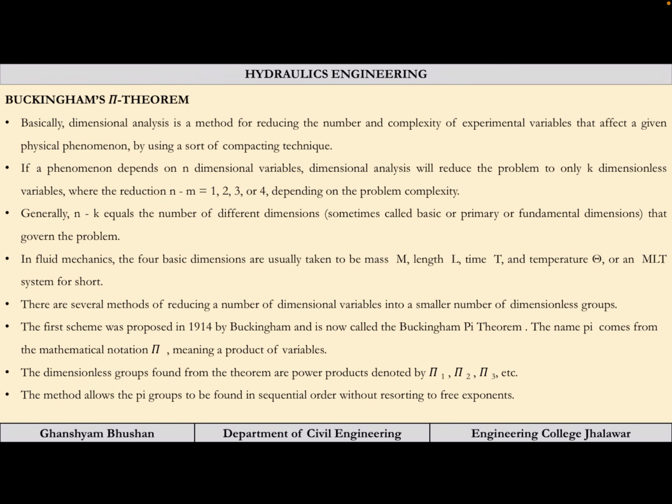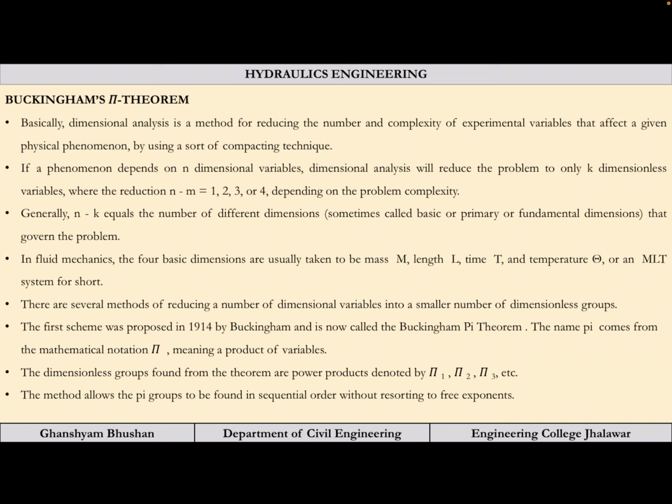Buckingham's pi theorem is a dimensional analysis method for reducing the number and complexity of experimental variables that affect a given physical phenomenon, by using a sort of compacting technique. Whether it is the method of Buckingham or Rayleigh, we are reducing the number and complexity of the experimental variables.